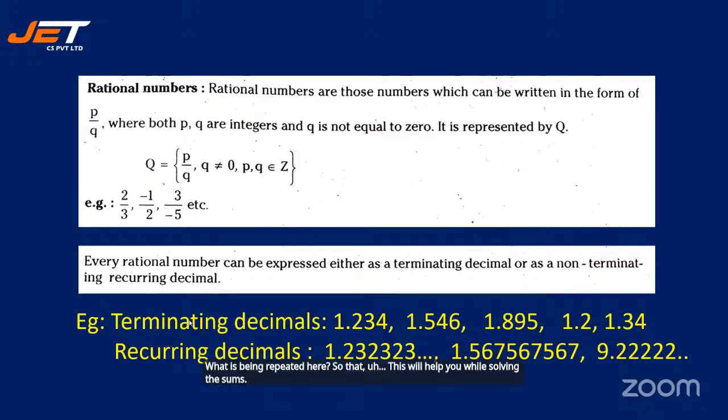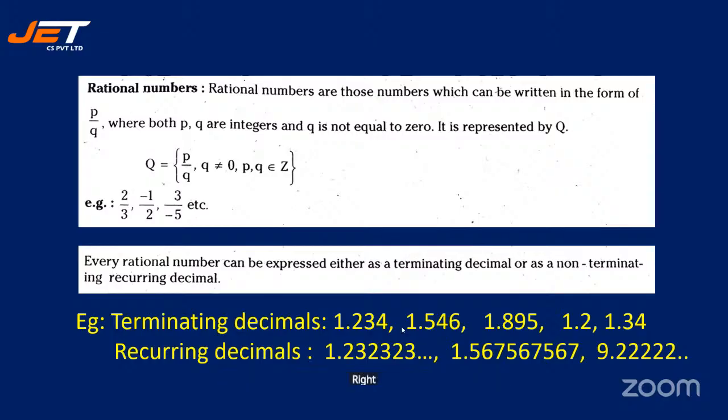Now, what are rational numbers? Rational numbers are those numbers which can be written in the form of p by q, which means numerator and denominator, where both p, q are integers and q is not equal to 0. What happens if q is equal to 0? Then it becomes infinity, isn't it? We cannot proceed with the sum, right?